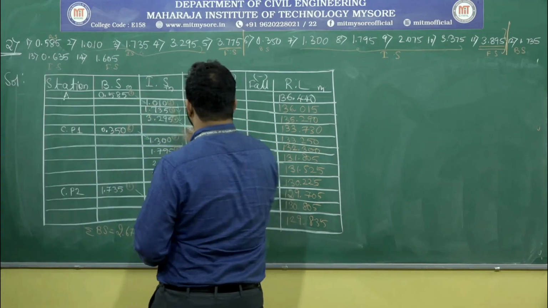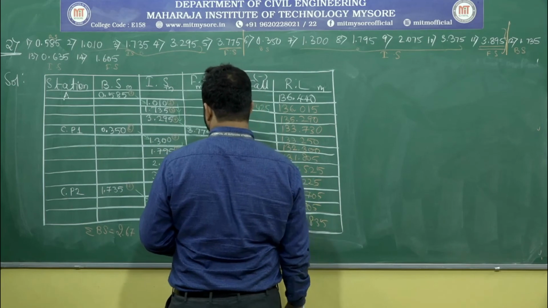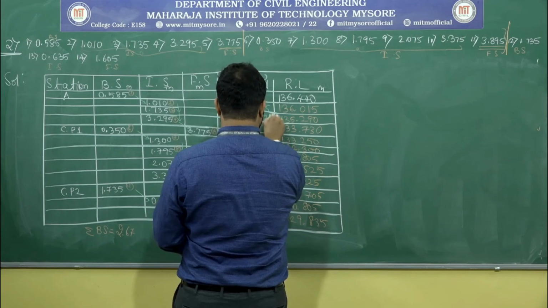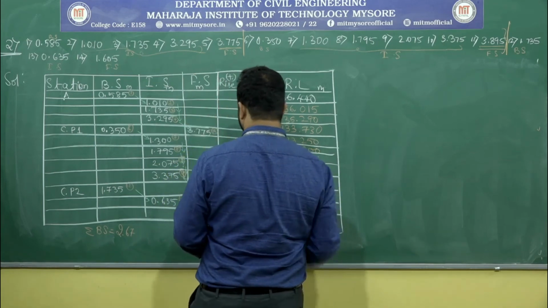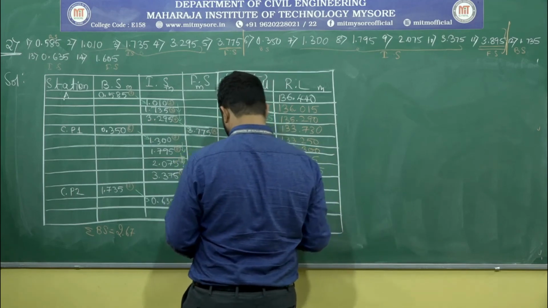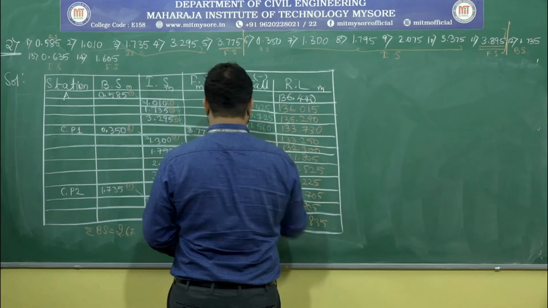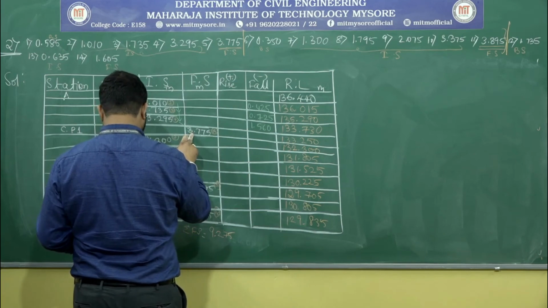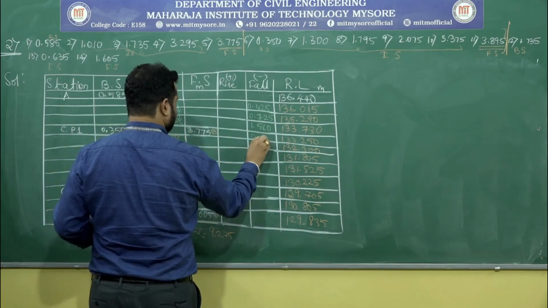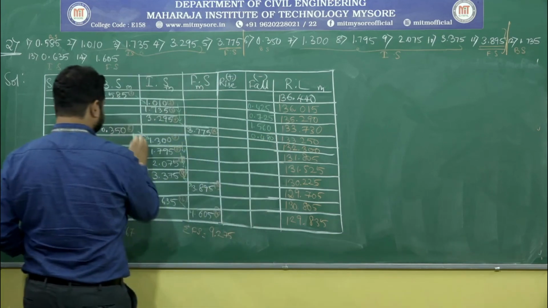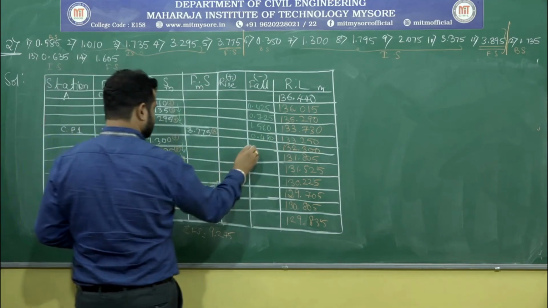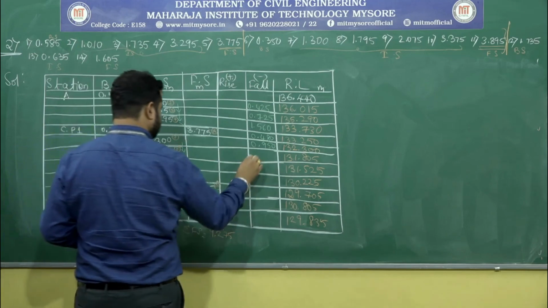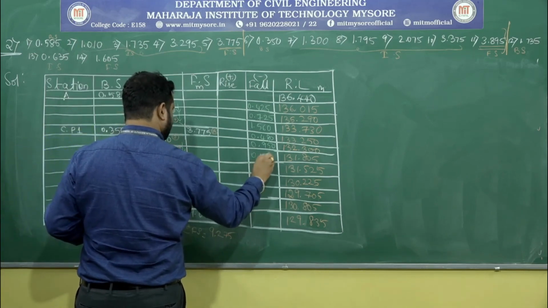So 1 minus 2 gives minus 0.425, 2 minus 3 we will get minus 0.725, 3 minus 4 you will get minus 1.560, again written under fall. 4 minus 5 you will get minus 0.480. Next 6 minus 7 you will get minus 0.950. Next 7 minus 8 you will get 0.495.